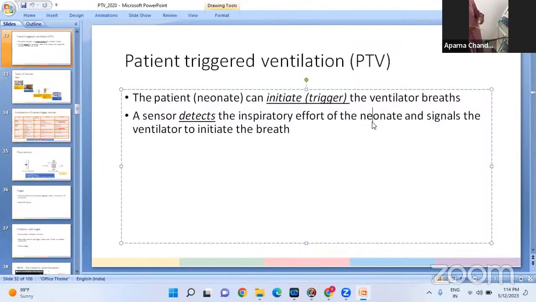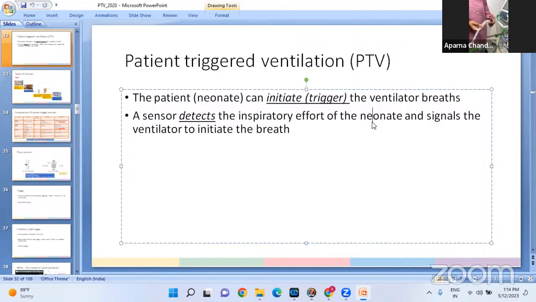And if heating and humidification goes appropriately, then we may have to autofill the heater humidifier chamber at least 20 times in the day. So the parameters that ensure that the humidification is optimal include that, of course, the baby is comfortable and baby is not having asynchrony. And when you look at the inspiratory tubing, there should be no condensation.